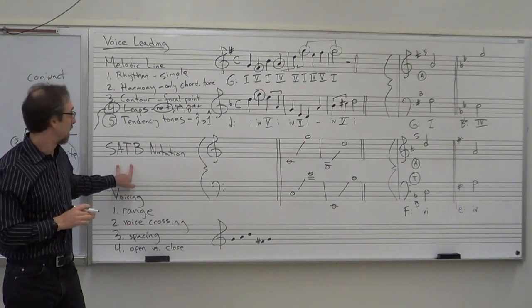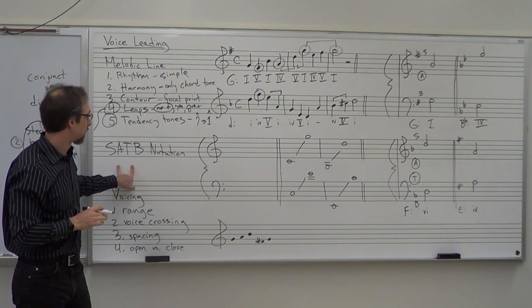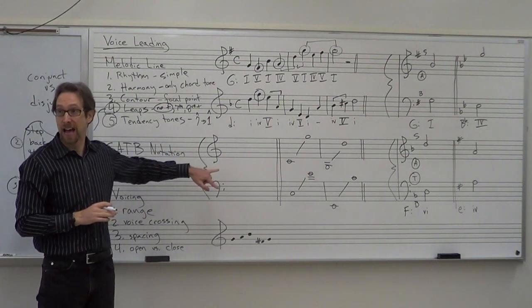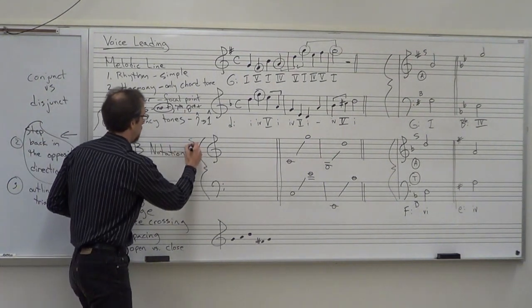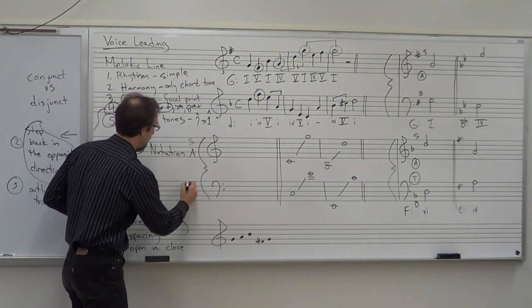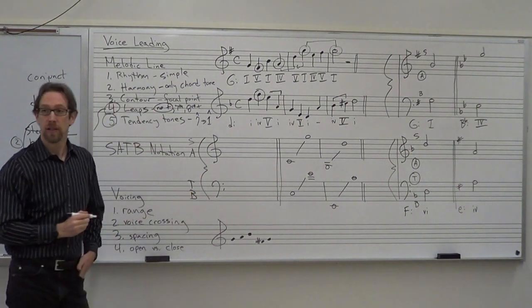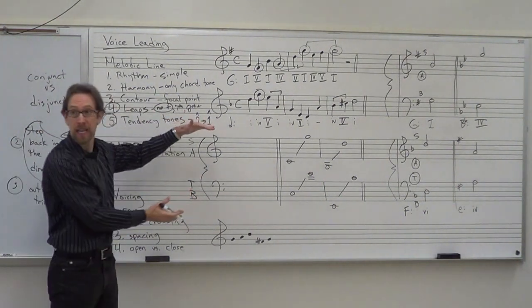When we're notating soprano, alto, tenor, bass, it's notated on a grand staff. We put the soprano and alto parts on the treble clef, and the tenor and the bass parts on the bass clef. And we put them together in a grand staff.